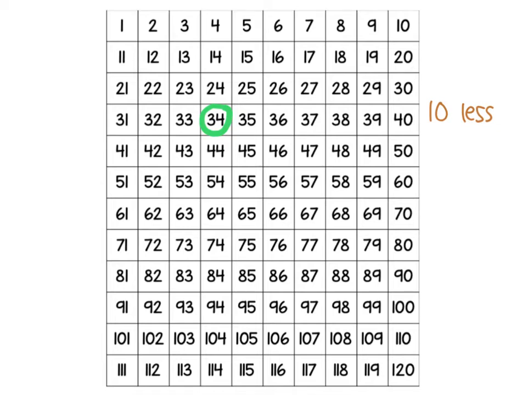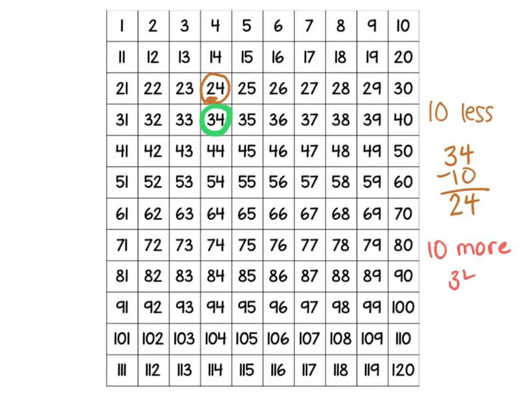If we want 10 less, that's like 34 minus 10. The ones place stays the same, but in the tens place we have one less 10. So we look at the number right above it on the hundreds chart. The ones place stays the same, but the tens place loses a 10. So we have 24.